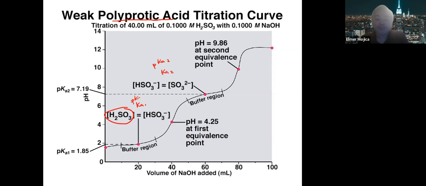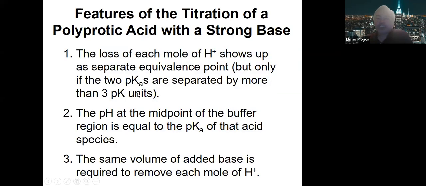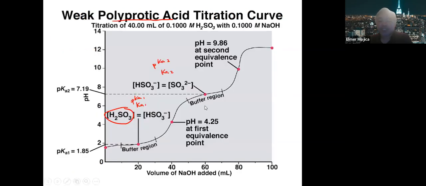This one is pKa1. Looking at the features of a polyprotic acid titrated with strong base, the loss of each mole of H+ shows up as a separate equivalence point, but only if the two pKa's are separated by more than 3 pK units. The pH at the midpoint of the buffer is equal to the pKa of that acid species. And the same volume of added base is required to remove each mole of H+.